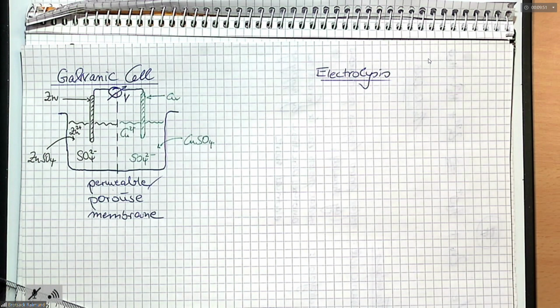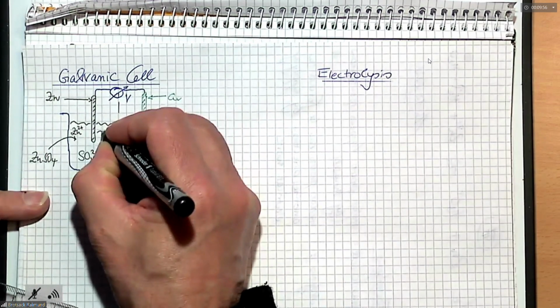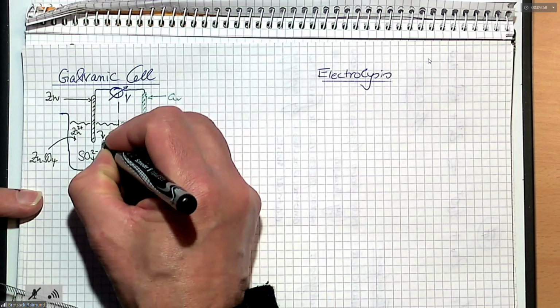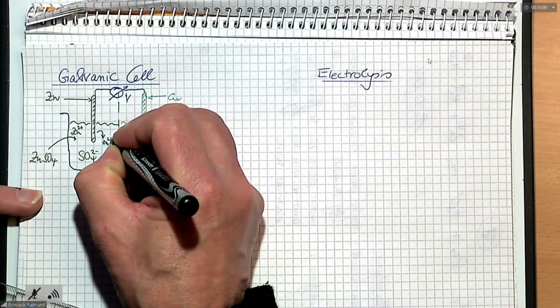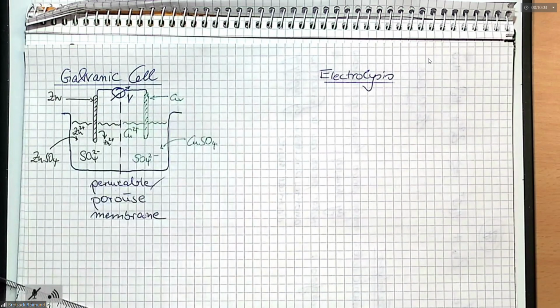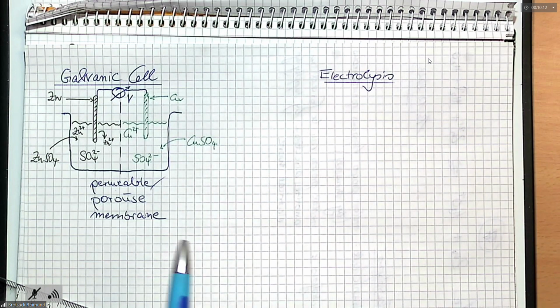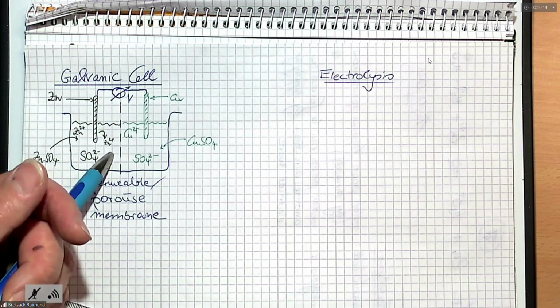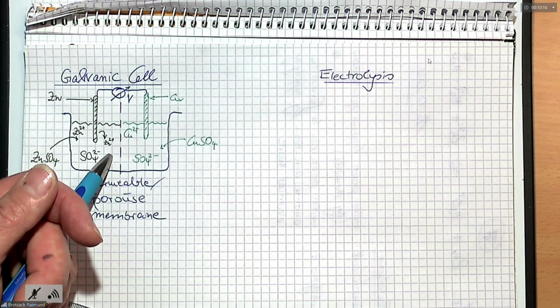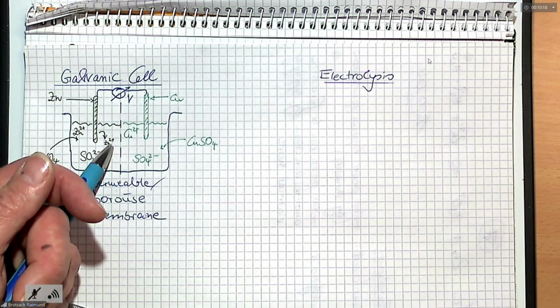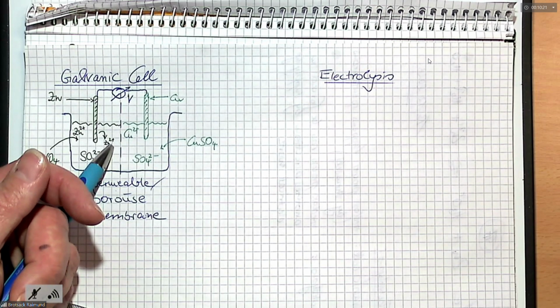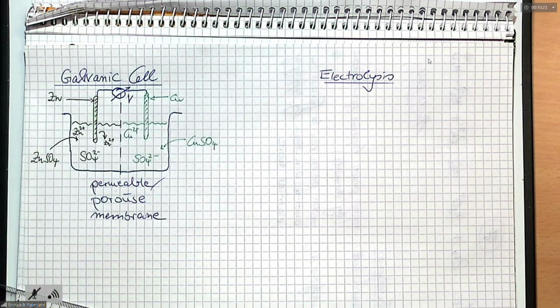So the zinc will be oxidized. So you will have the formation of additional zinc 2 plus. And the zinc electrode will get porous, or by time smaller and smaller, because the zinc metal is oxidized to form zinc 2 plus ions. The concentration of zinc 2 plus in the left system is increasing.